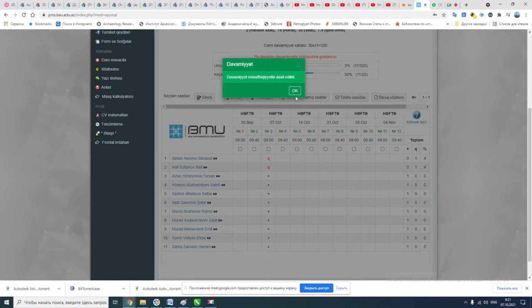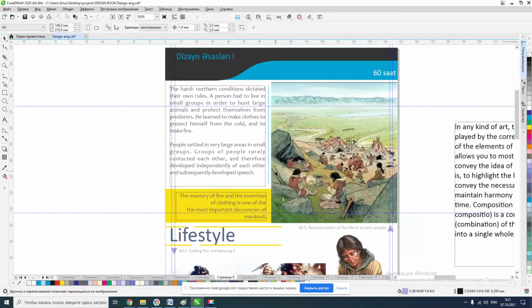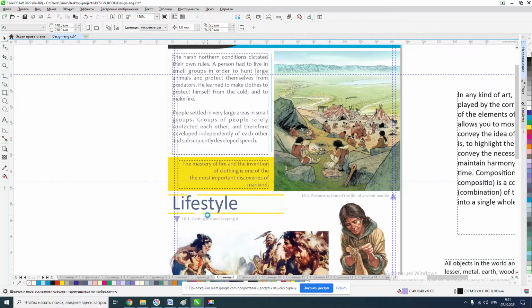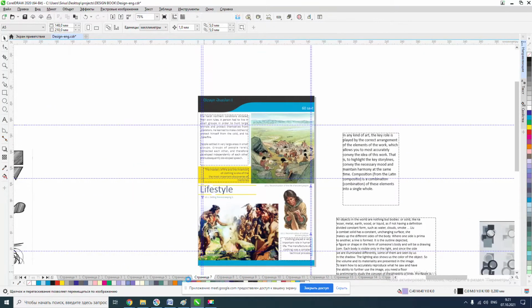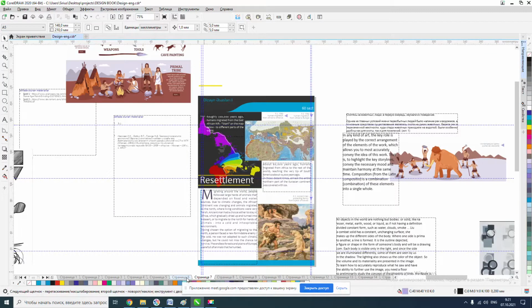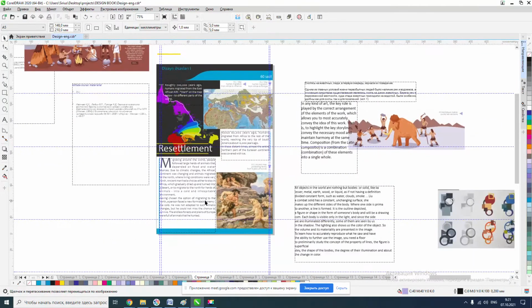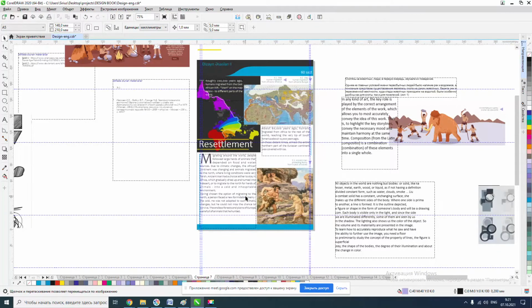Okay, we can continue our lesson. Last time we talked about prehistorical times. Actually, our history is divided into several parts.